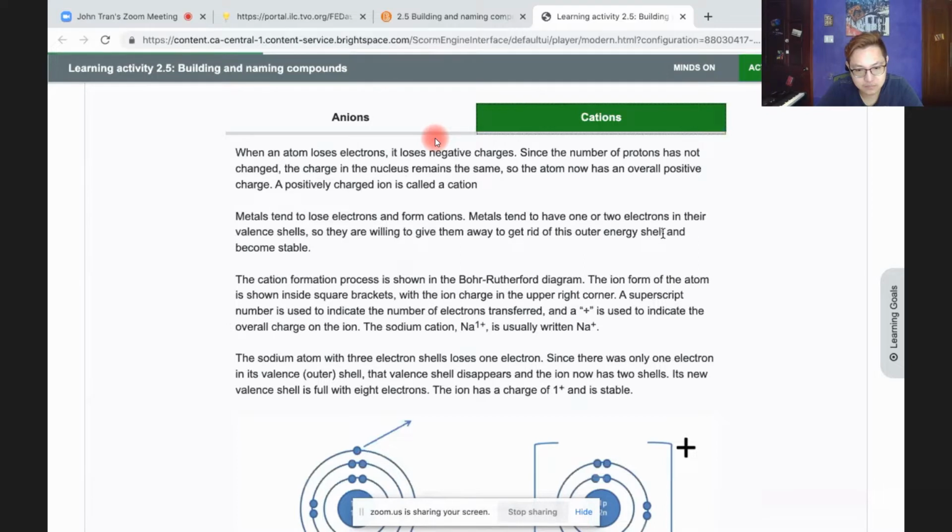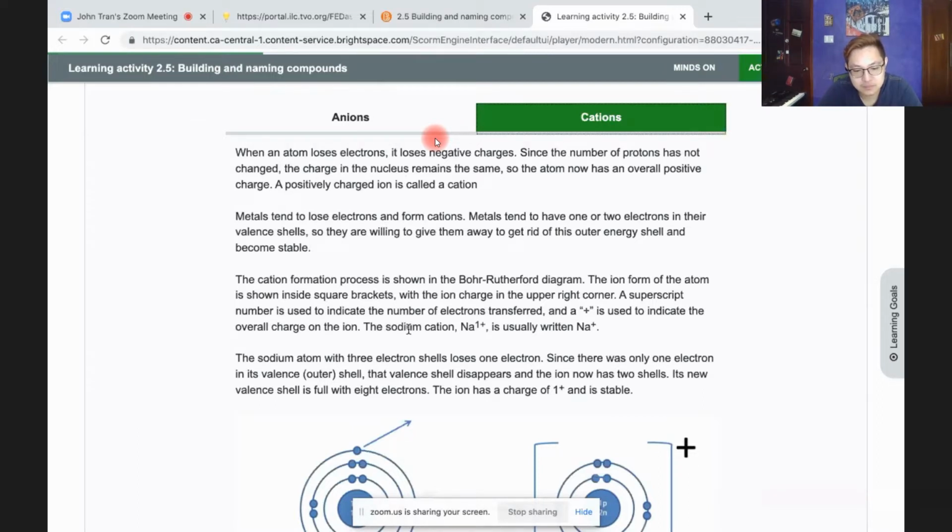The ion form of the atom is shown inside square brackets, with the ion charge in the upper right corner. A superscript number is used to indicate the number of electrons transferred, and a plus is used to indicate the overall charge on the ion.